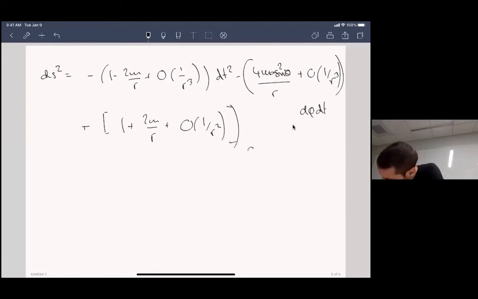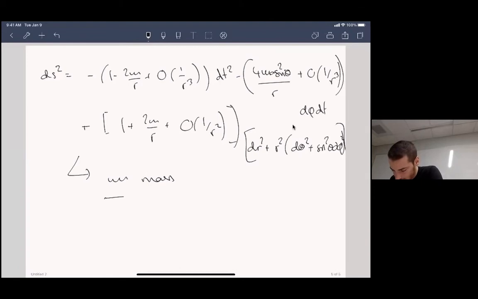And then what goes here is dr squared plus r squared d theta squared plus sine squared theta d phi squared. So that goes here. So you see from this immediately that the mass is m and the angular momentum J is ma.